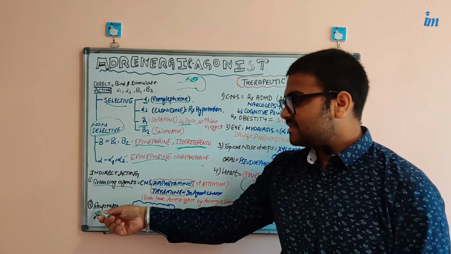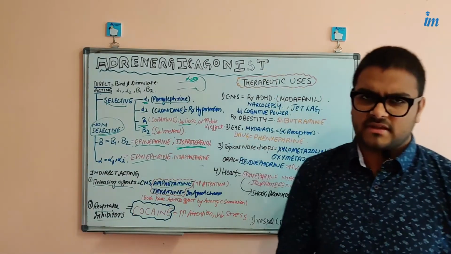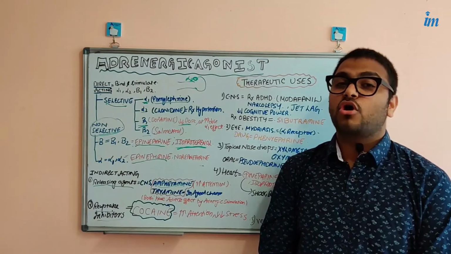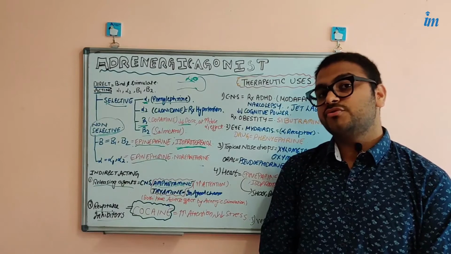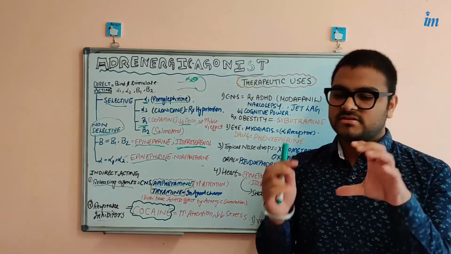Then the indirect acting agents are what we call reuptake inhibitors. What do you mean by reuptake inhibitors? Do you remember the transporter that I called NET, norepinephrine transporter, that used to transport or reuptake the norepinephrine that is present in the synaptic cleft?